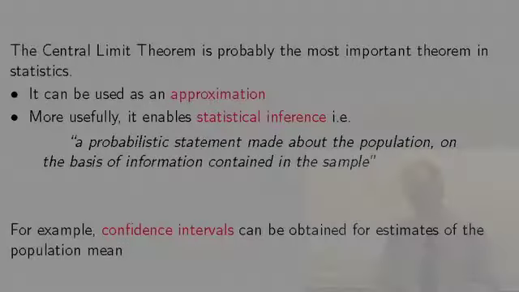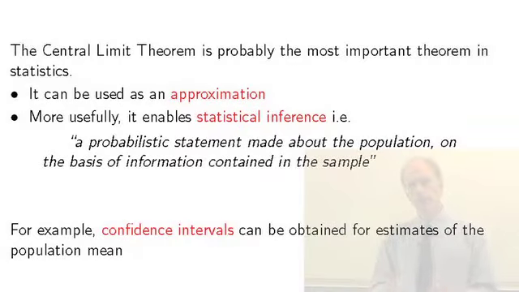And in particular in statistics, with the central limit theorem, we can form confidence intervals. So we can say, because we've observed this sample, and we've computed this sample mean, it gives us a statement or a confidence that the population mean is within certain bounds related to the sample mean that we've already calculated.